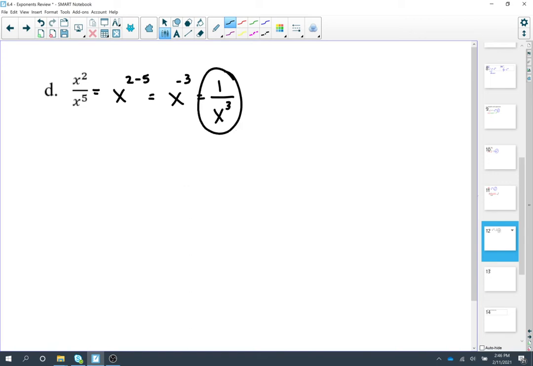The long way of thinking about this is in your numerator you have 2 x's. In your denominator, you have 5. If we cancel, those are going to cancel, and this time you still have 3 x's, but they're on the bottom. So this time, because there's nothing in the top, you need a placeholder of 1, and you get 1 over x cubed.